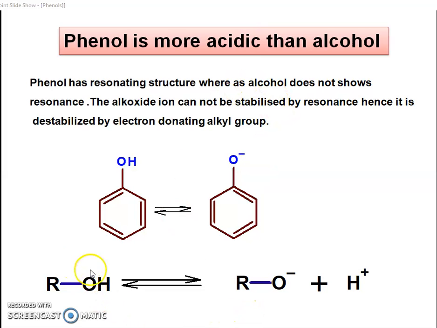But the alcohol, after removing the proton, gives the alkoxide, and this alkoxide is not stabilized by resonance, and therefore alcohols are weaker acids than phenol. Phenols are more acidic than alcohol. Why? After removing the proton to form the phenoxide ion, this phenoxide ion is stabilized by resonance.